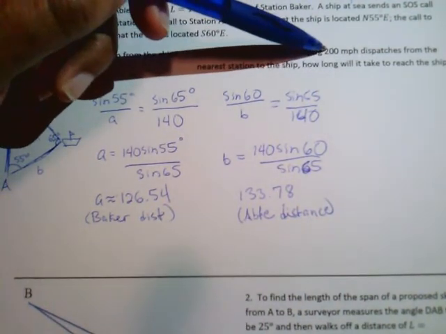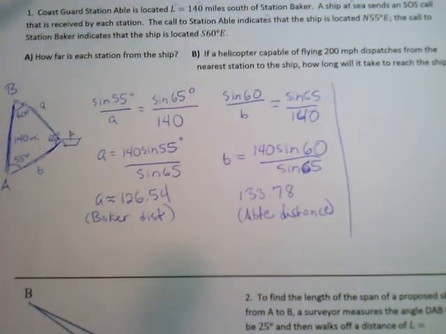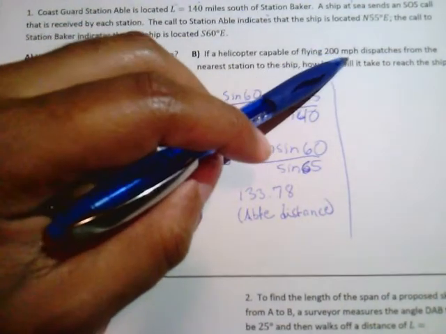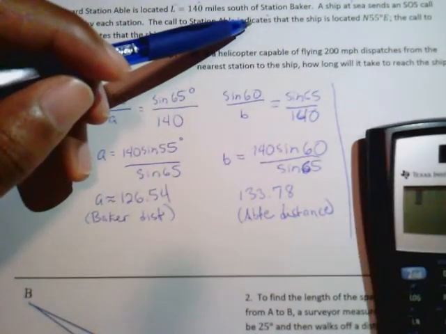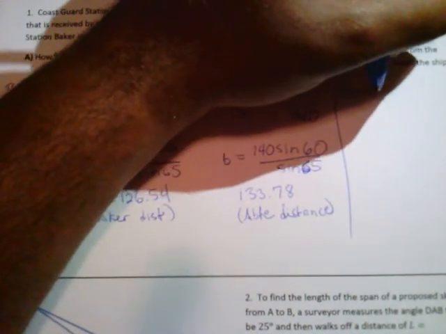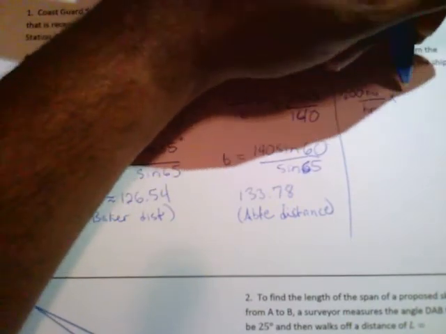So we're given 200 miles per hour, so we need to convert that to how fast it is traveling per minute. We have 200 miles per hour, and we want to change that to miles per minute.